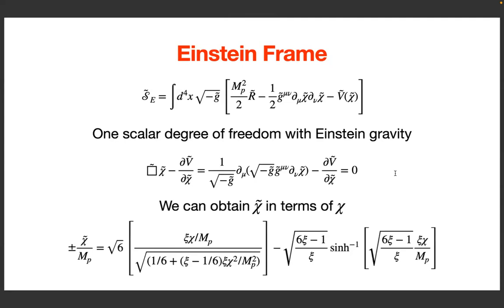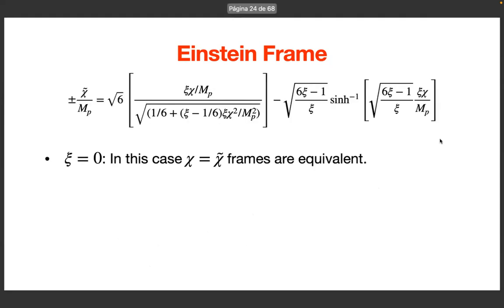The issue is that if I want to obtain chi tilde in terms of my original field, it is a very complicated expression. But we have a right to what we want to call the Einstein frame, and we now have just one scalar degree of freedom with Einstein gravity. So now we can use our machinery to study this. But let's see what the problems are.